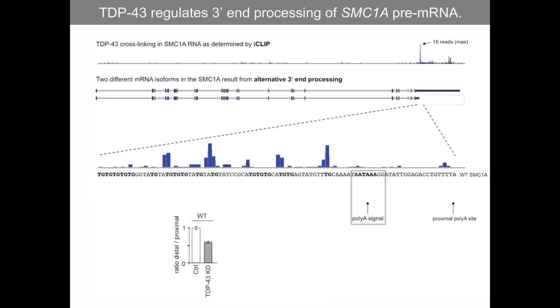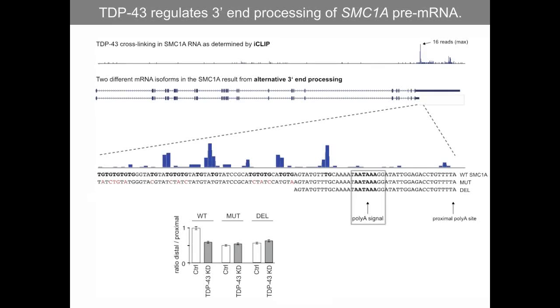Normally, TDP binds there and represses processing, but when you take it away, we are making more of the shorter isoform. And when we mutate the TDP43 binding, then the difference between wild-type and knockdown is lost. And actually, already in the control cells, we will make more of the proximal isoform, because now we're not inhibiting this site anymore.